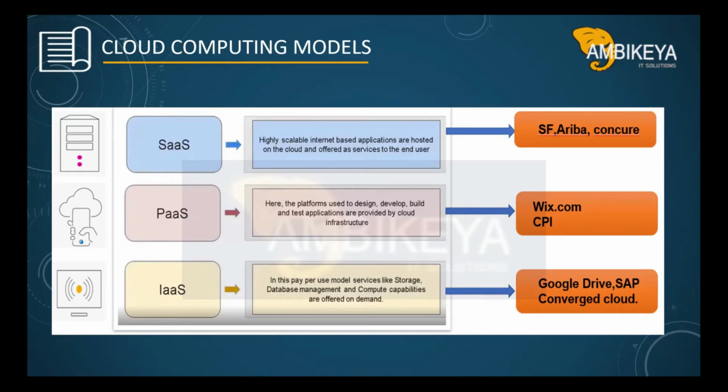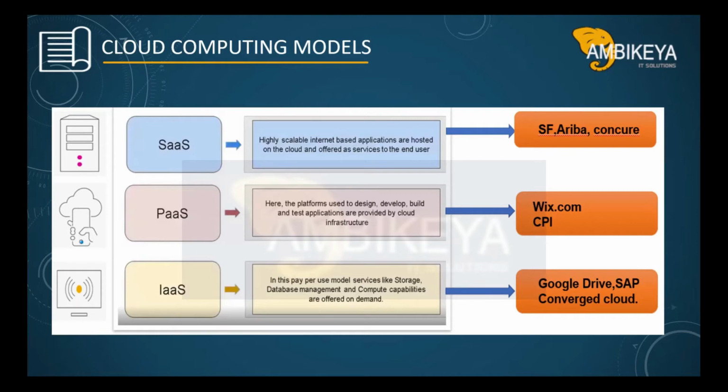So when I talk about SaaS, it says about your software, and that software you are going to use. For example, I am going for Amazon.com, whether I am a buyer or seller, I am not going to configure anything.